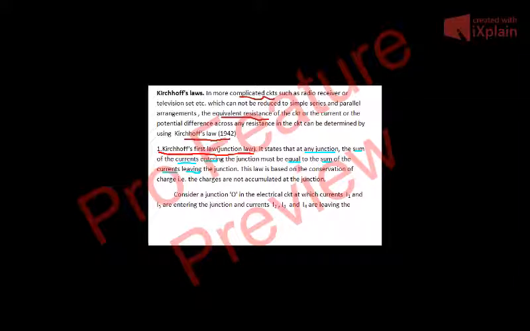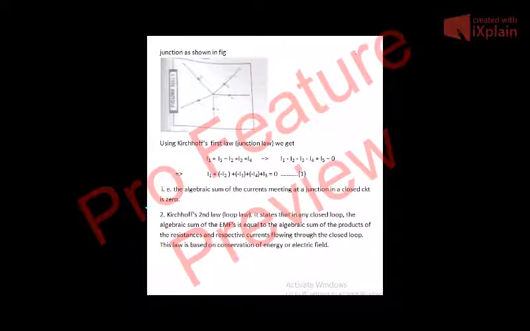Let us take an example. Consider a junction O in the electric circuit at which currents I1 and I5 are entering the junction and currents I2, I3 and I4 are leaving the junction as shown in the figure. Now look at the figure.